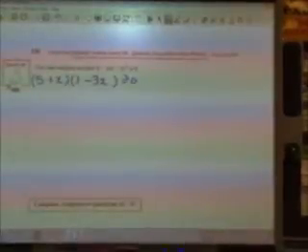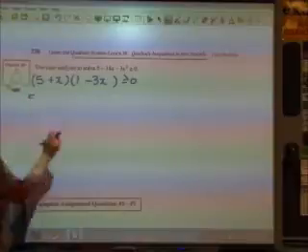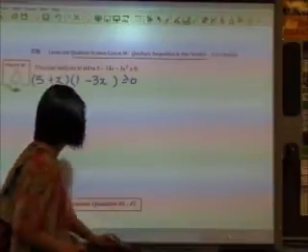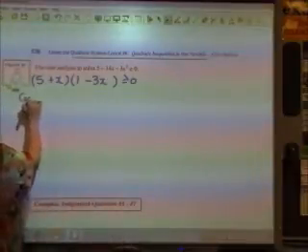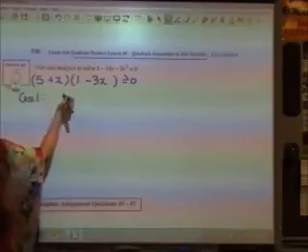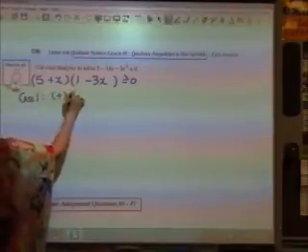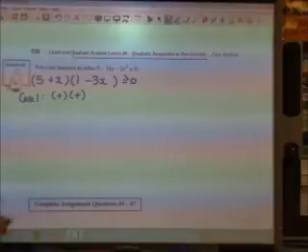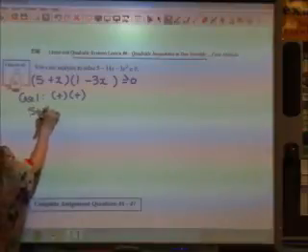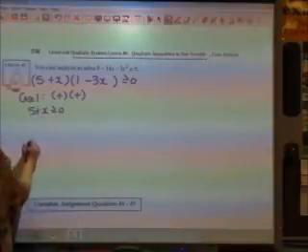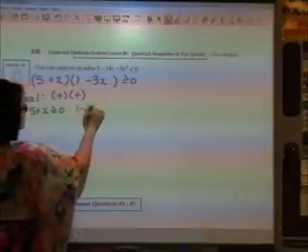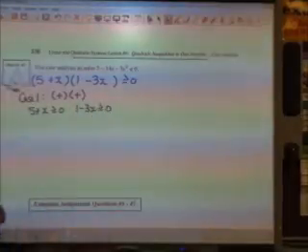So if the product has to be positive, my case 1 is that both factors are positive. So 5 plus x is greater than or equal to 0, and 1 minus 3x is greater than or equal to 0.